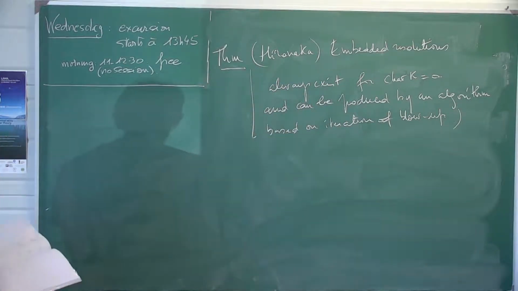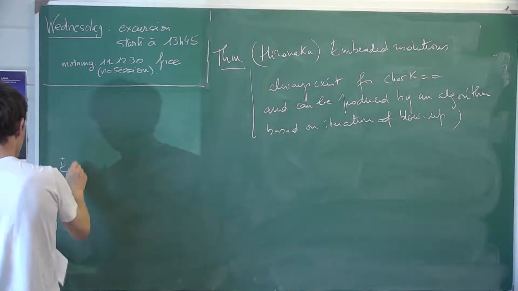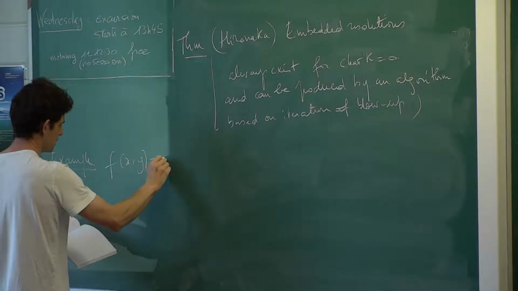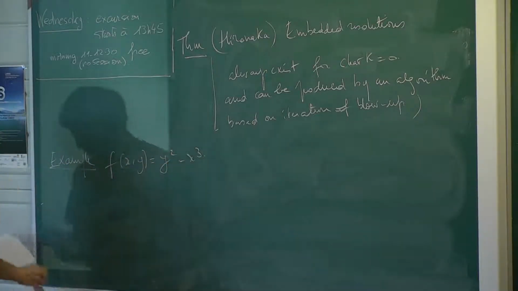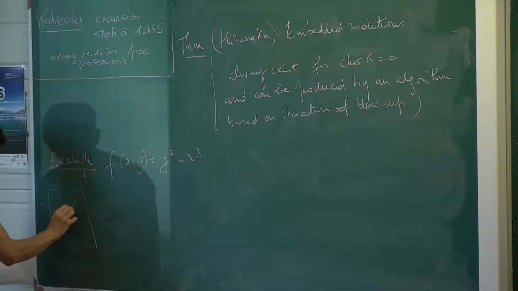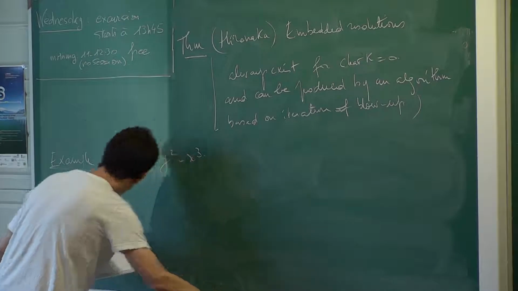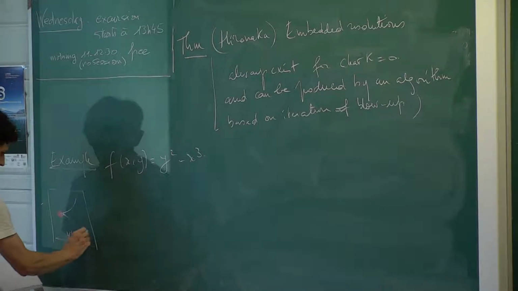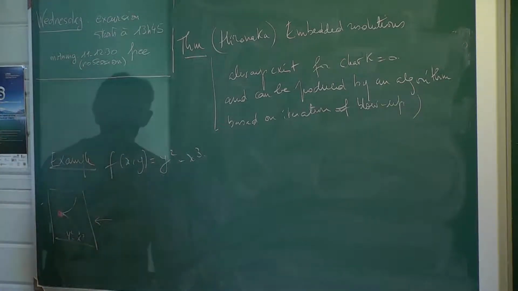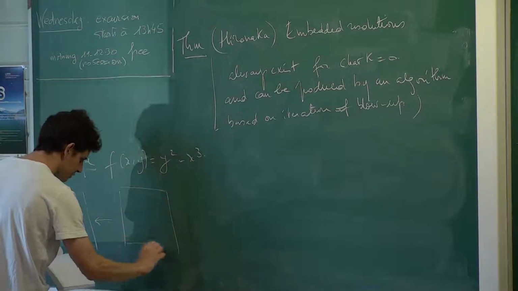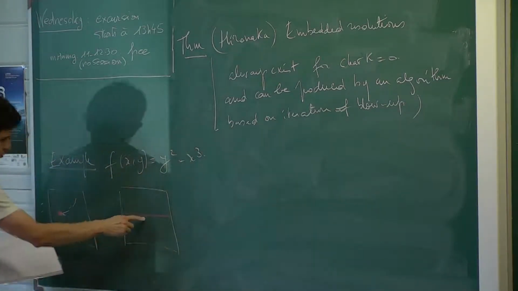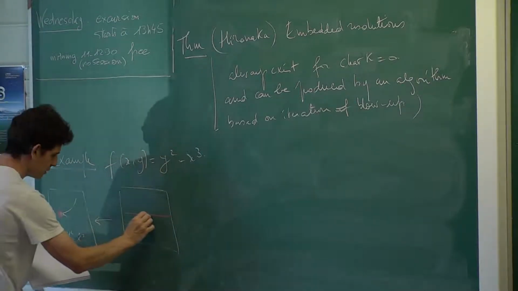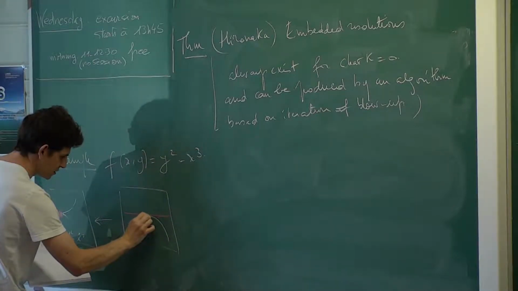So last week we saw the example of the cusp. Just quickly, I show you. You have the cusp given by this equation, y squared equals x cubed, and you blow up the point. Then you have, as George explained, a line which is the exceptional divisor which maps to the point, and your cusp is transformed into a parabola which is tangent here.